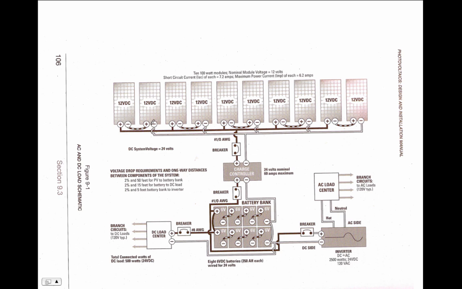So here's a series connection here, and between here and here, I'll get 24 volts. Another series connection here, and between here and here, I'll also get 24 volts. Another series connection here, and I'll get 24 volts. Series connection here. So these are connected in groups of 2 with series connections, and then each group of 2 is connected together in parallel.